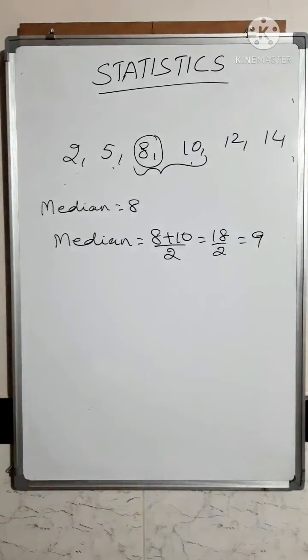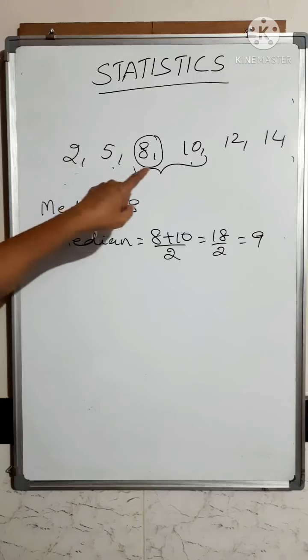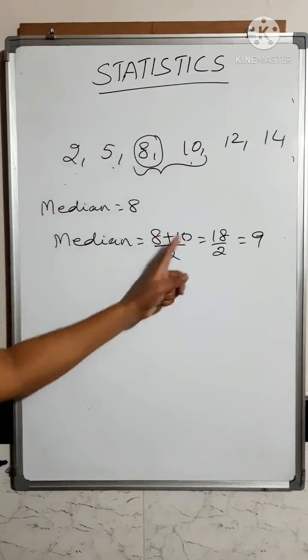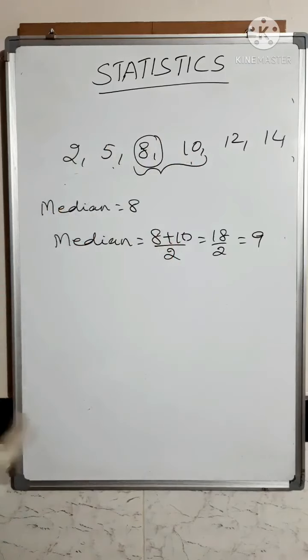So this is how you find out the median. So first the given scores, arrange in the ascending order. Then if you have got an odd number of scores, whatever score is at the center, that will give you the median. If you have got an even number of scores, the 2 scores that are at the center, add those 2, divide by 2, and that will give you the median.